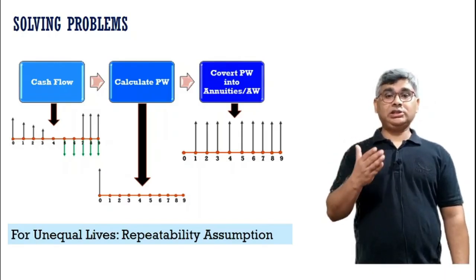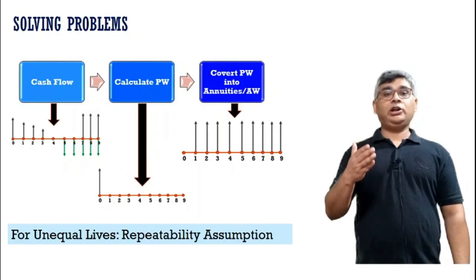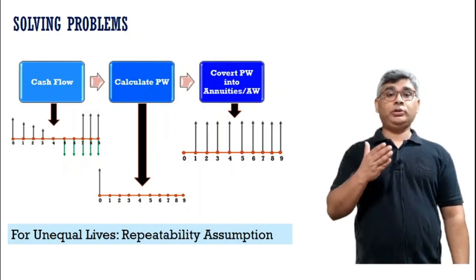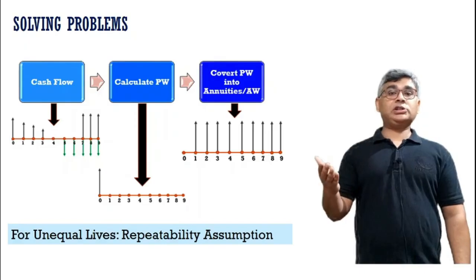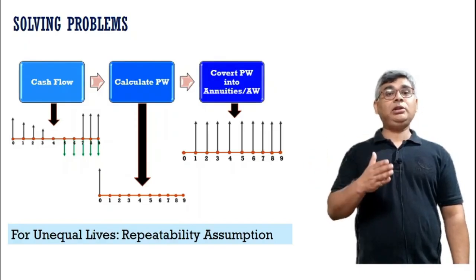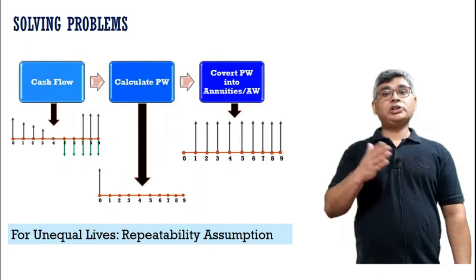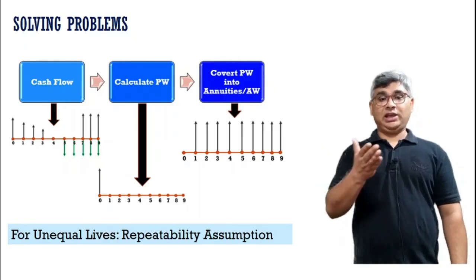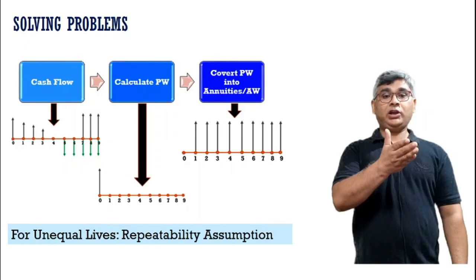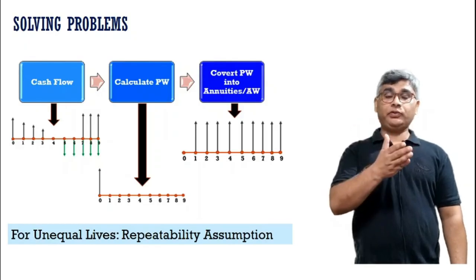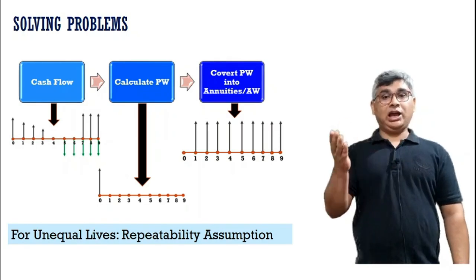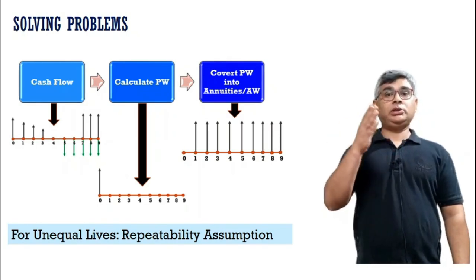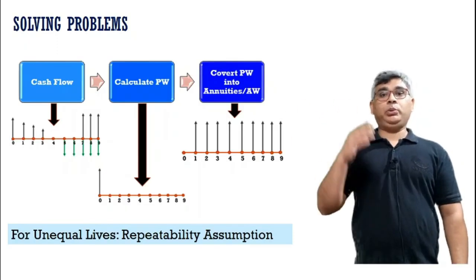One can directly apply the standard formulas available for the conversion of P, F, G and A. So first we compute the present worth, and then, using the relationship between annuities and the present worth, we convert this present worth into annuities.